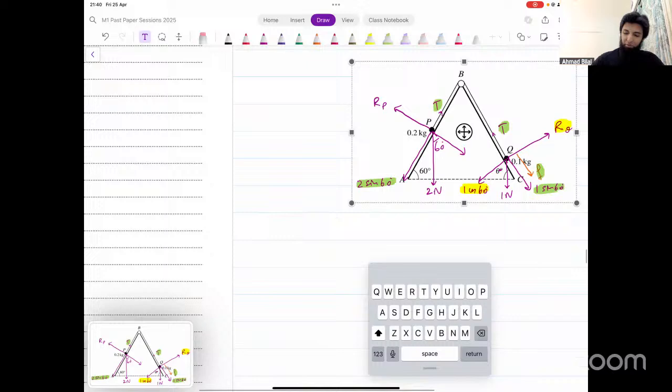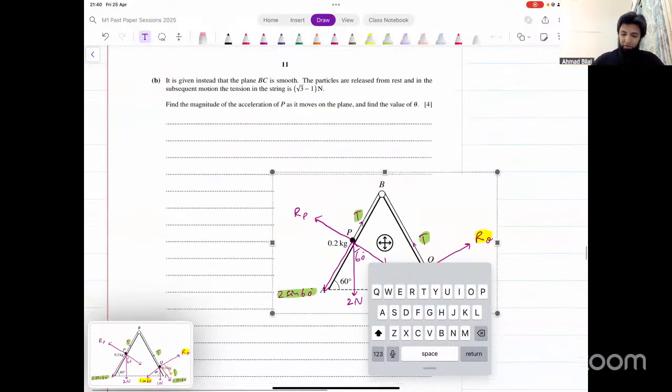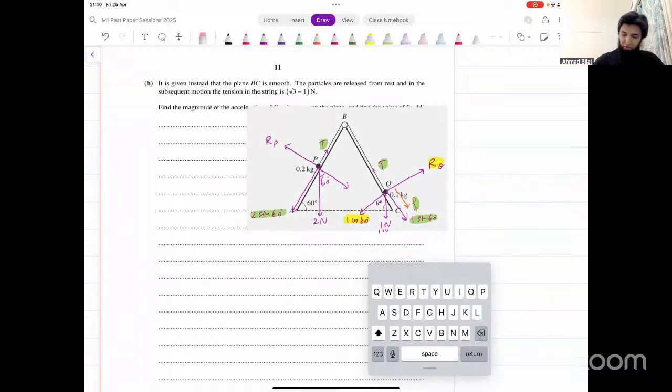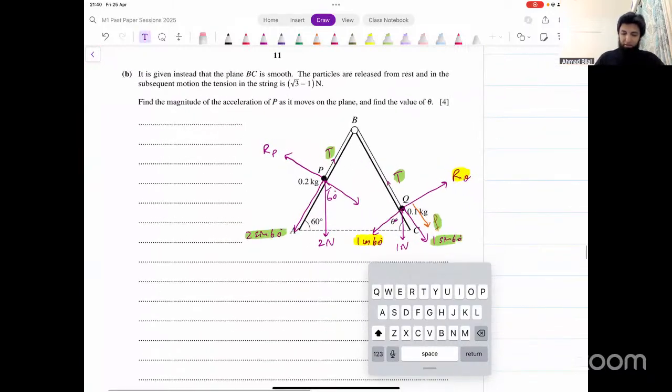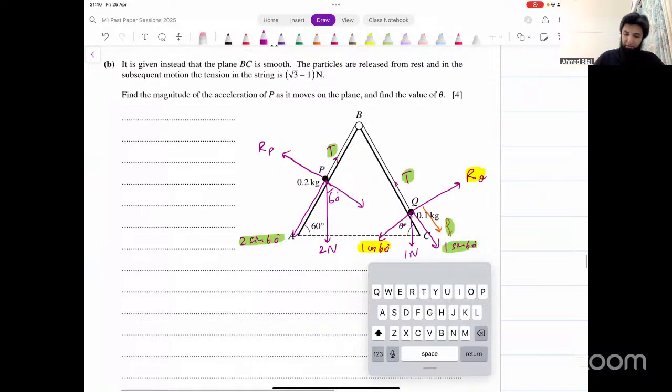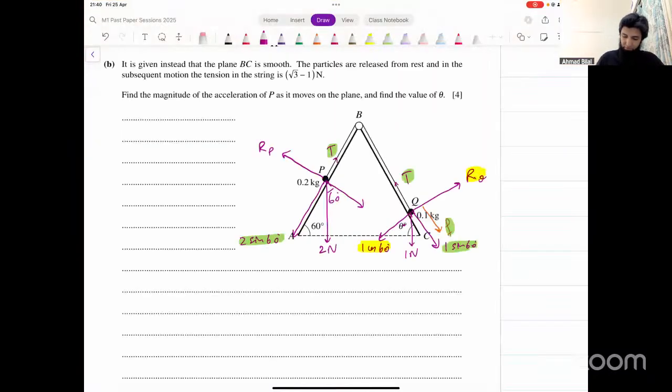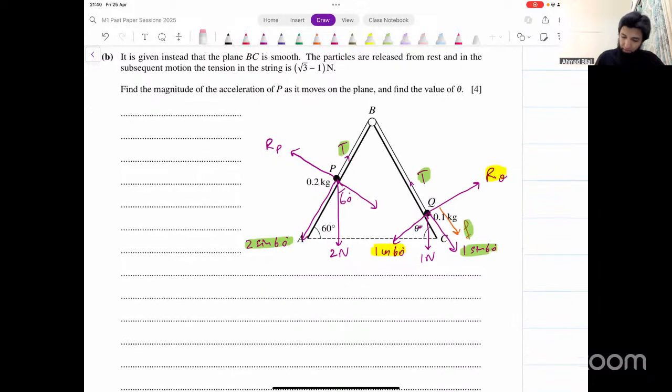Okay, so we have represented all the forces here already. Now, what has changed? The angle is no longer 60 now. That's just theta. That's what they're saying. So this angle now is theta.